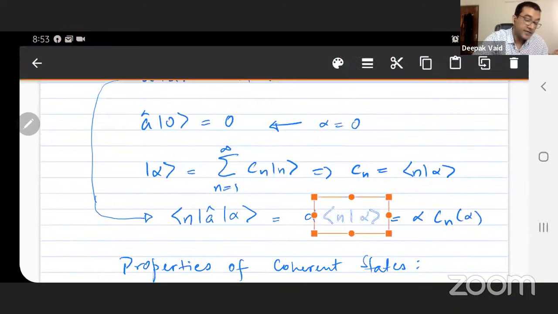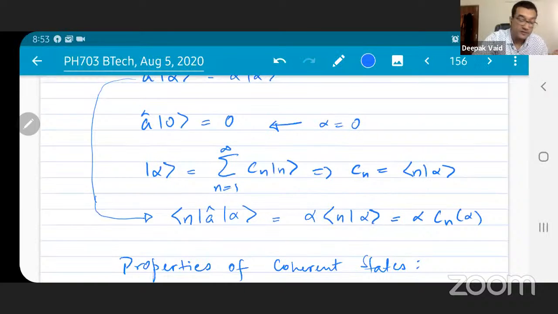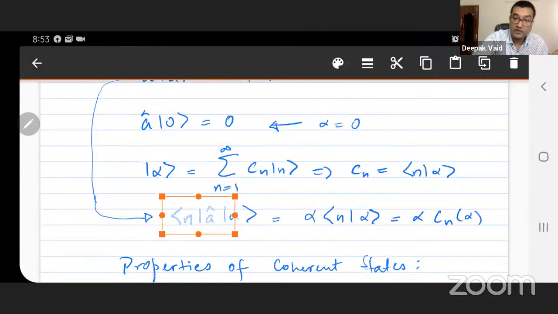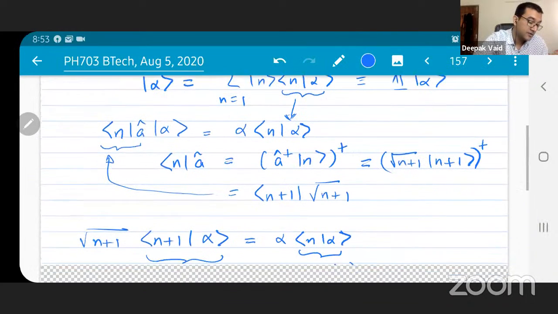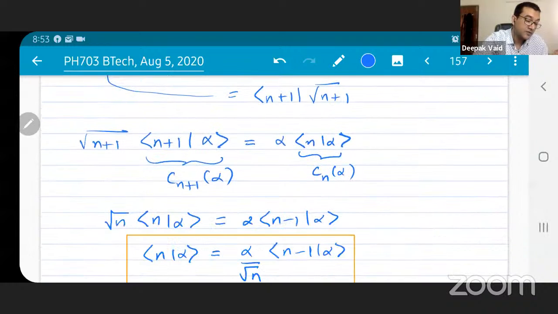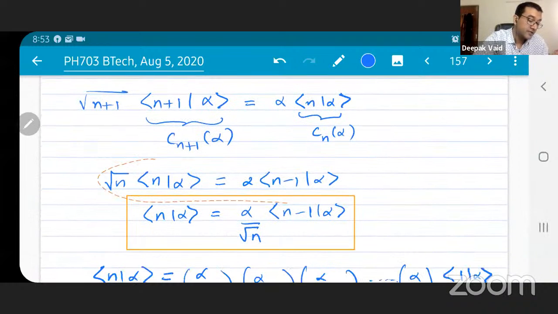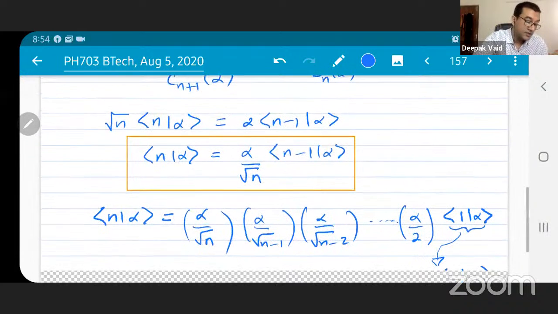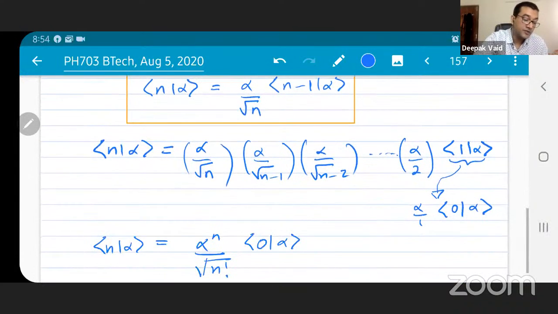On the right side, I get Cn alpha. On the left side, I get A acting on n, which gives me root n plus 1 times bra of n plus 1. This gives me a recursion relation connecting n and n plus 1. I can write this recursion relationship in terms of n and n minus 1.